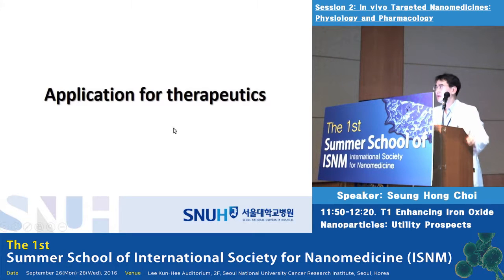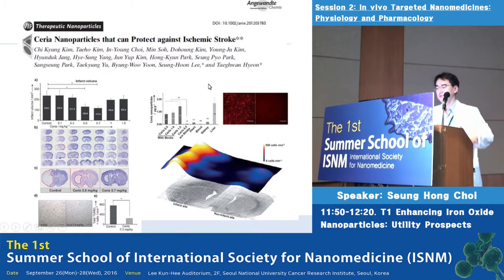Okay, I will touch a little on the future clinical application of nanomedicine for therapeutics. Actually, one of the iron particles, the stereo nanoparticle, has a potential for prevention of inflammation. In this study, my colleagues used stereo nanoparticle for the prevention of ischemic injury to brain.